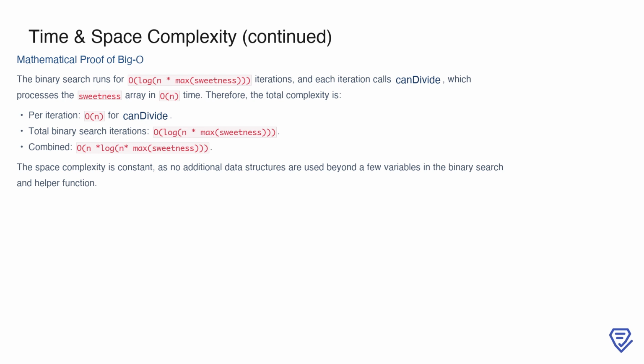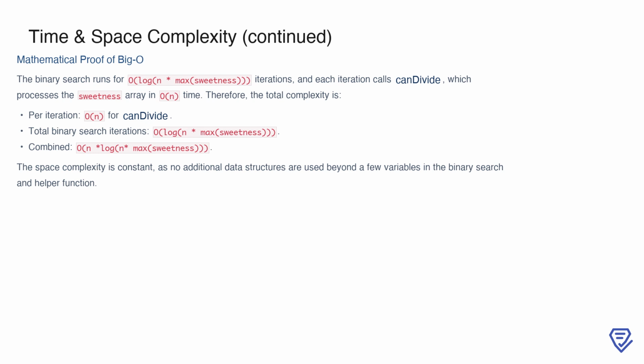To formally prove the big O complexity, we consider the two main components of the algorithm, binary search and the CanDivide function. The binary search iterates over a range defined by O(log(n * max sweetness)), as it narrows down the search space logarithmically. In each iteration, the CanDivide function processes the entire sweetness array, taking O(n) time.